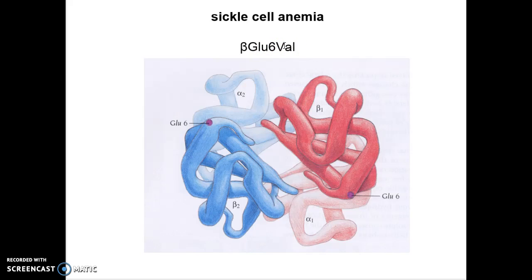So this mutation creates a hydrophobic patch on the surface that was originally a negatively charged polar group.